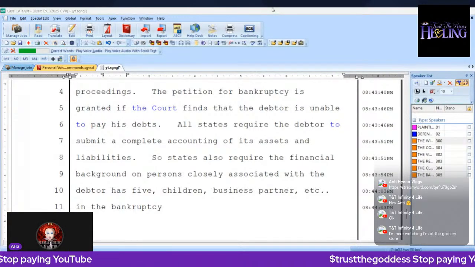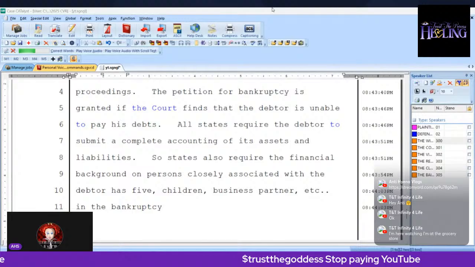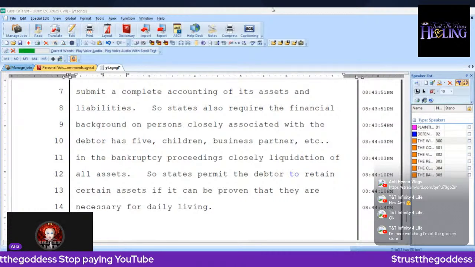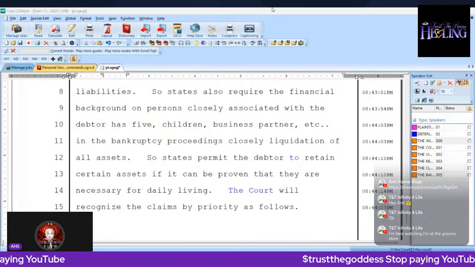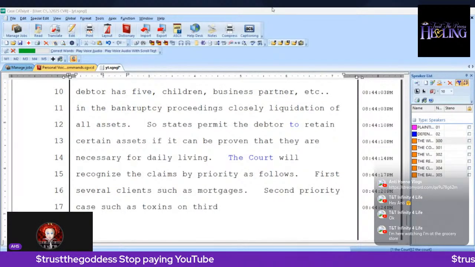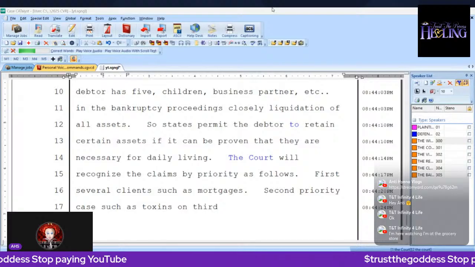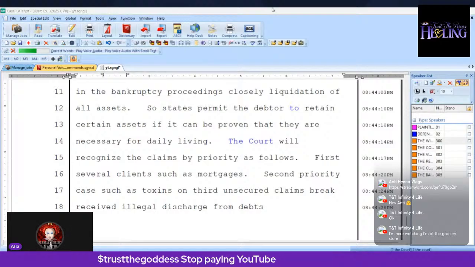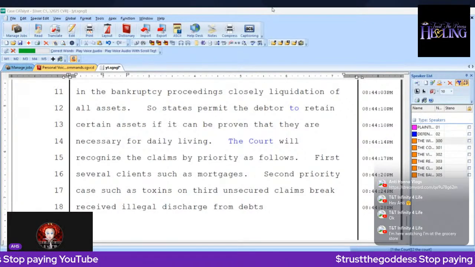Some states permit the debtor to retain certain assets if it can be proven that they are necessary for daily living. The court will recognize the claims by priority as follows. First, secured claims such as mortgages. Second, priority claims such as taxes. And third, unsecured claims. Bankruptcy is a legal discharge from debts, but a moral obligation remains. The debtor will find that his credit standing is ruined. In most states, the debtor is required to wait anywhere from 3 to 10 years before reestablishing his former credit standing.